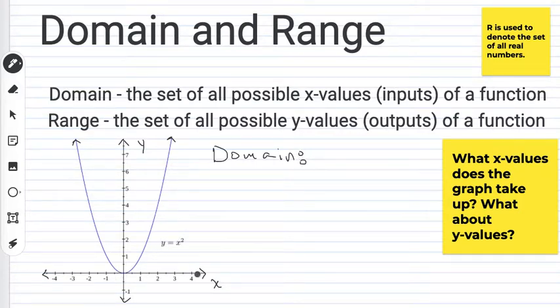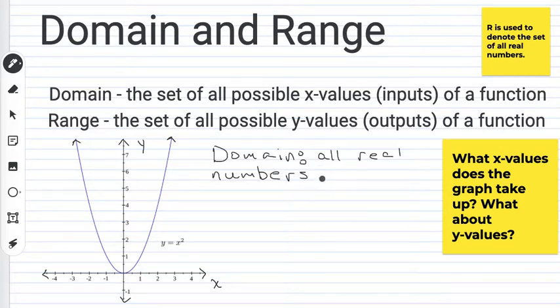And when you look at x values, no matter which x value you put into the function, you're always going to get something out. You're always going to associate an output with an input. So the domain for this is going to be all real numbers. All real numbers. And what that means is any real number can be an input for this function.